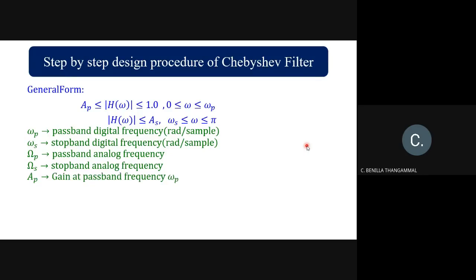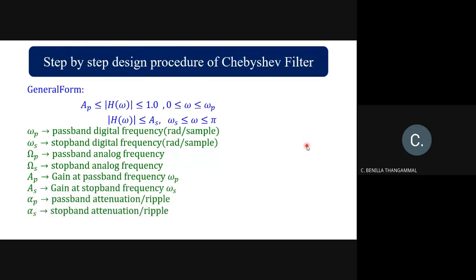Ap is the gain at your passband, and As is the gain at the stop band. Alpha p is the passband attenuation and alpha s is the stop band attenuation.